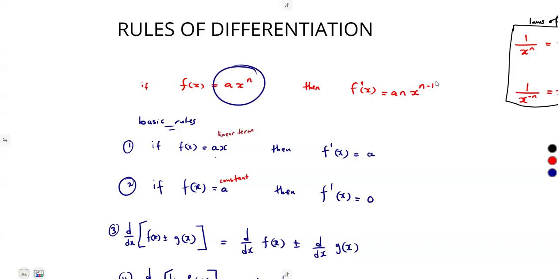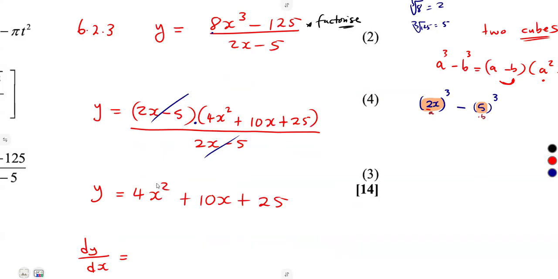So from this part, drop the power, subtract 1. So 2 times 4, that's 8. x to the exponent of 2 minus 1, that's 1. So it's just x, right? 10x, the derivative there is going to give us 10. This is a linear term.